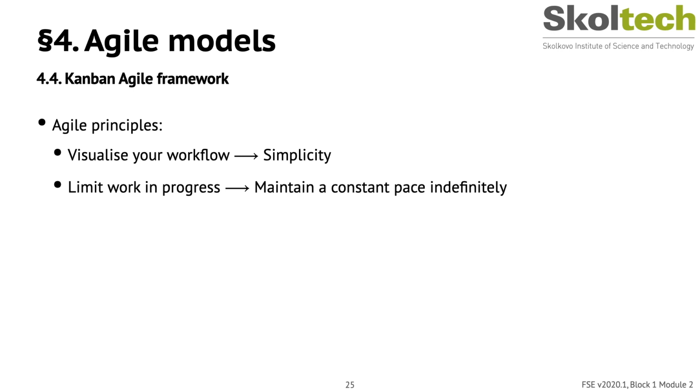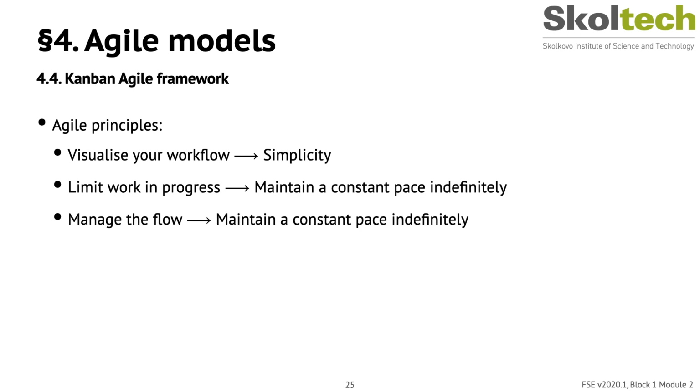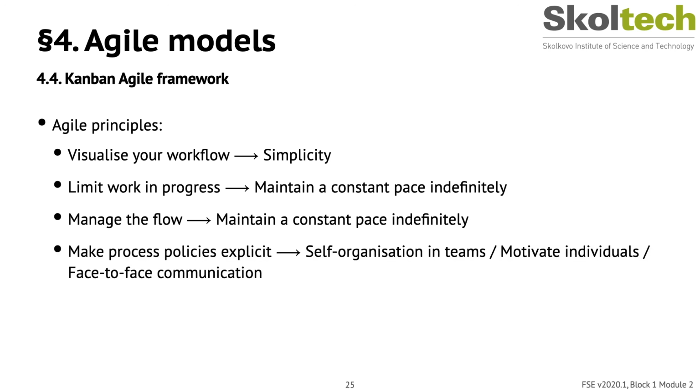Limiting work in progress helps maintain a constant pace indefinitely, as does managing the flow. Making process policies explicit helps aid self-organization in teams and motivate individuals because they don't get frustrated and they know what to do at each point in the development process. And it also facilitates face-to-face communication.